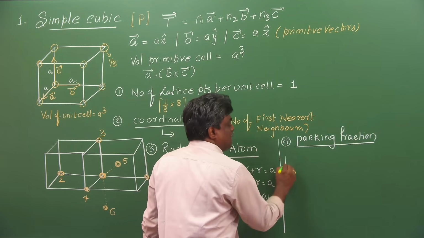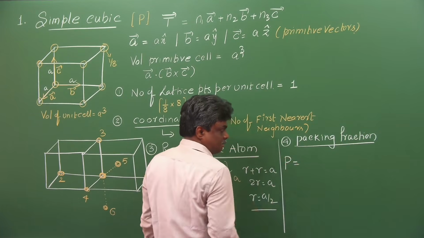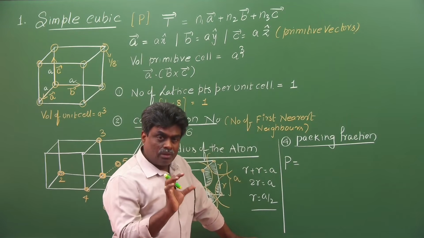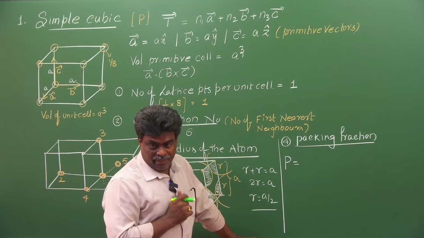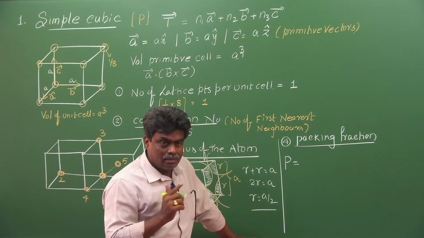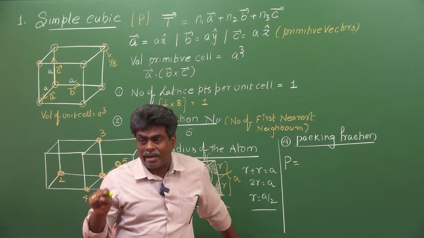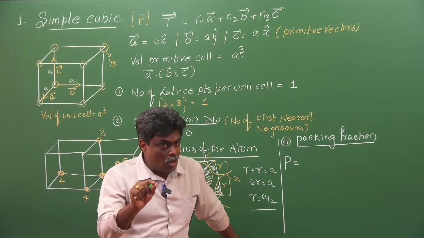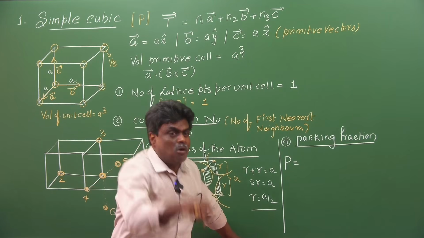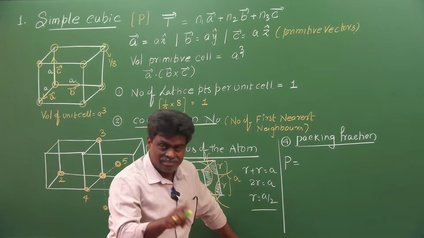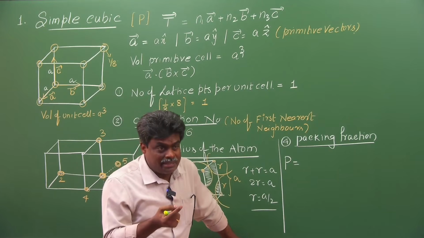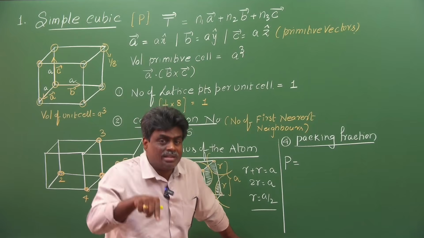The packing fraction is defined as, 2 ways are there. Different authors will write a different way. Some people will take volume of the atoms occupied by volume of primitive cell. That is one formula. Some people will write the denominator volume of unit cell.